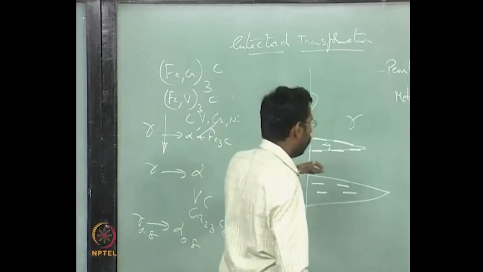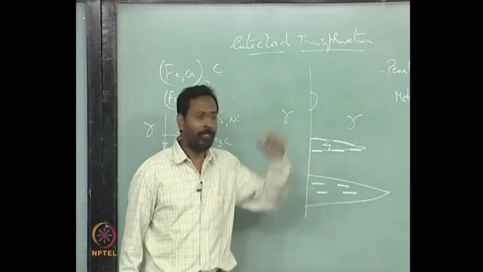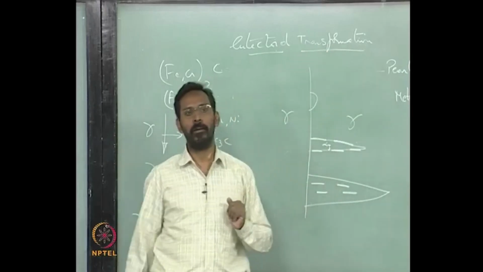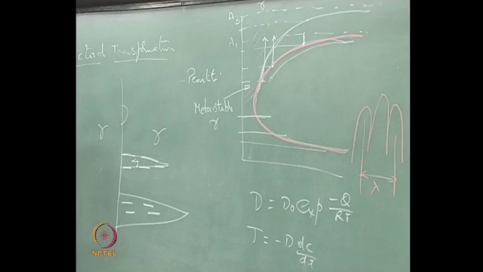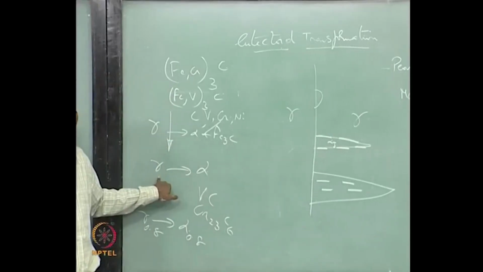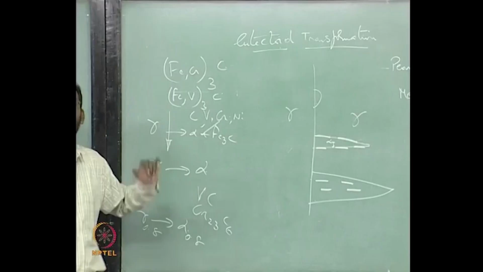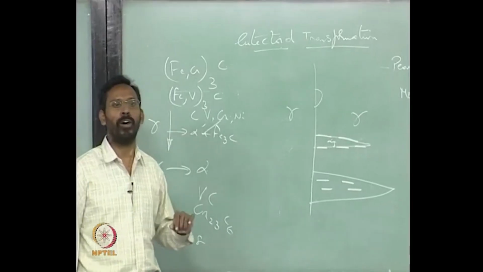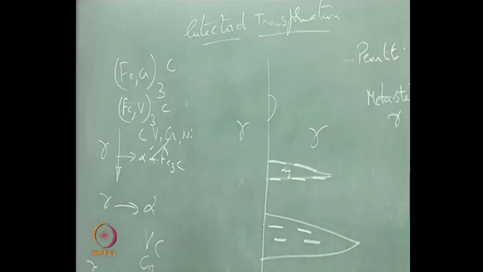Similarly, here you will see it precipitates inside. And if you go to further lower temperature, where the carbon is not able to move at all, and as a result gamma does not transform to alpha by a short range diffusion, it transforms to alpha by a diffusionless process. That is where you get martensite.